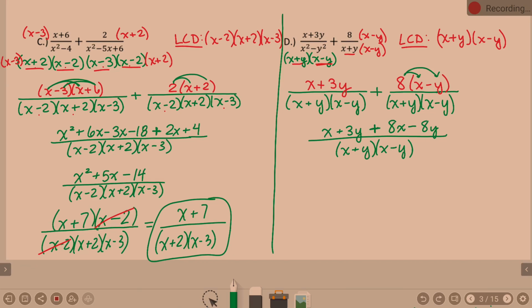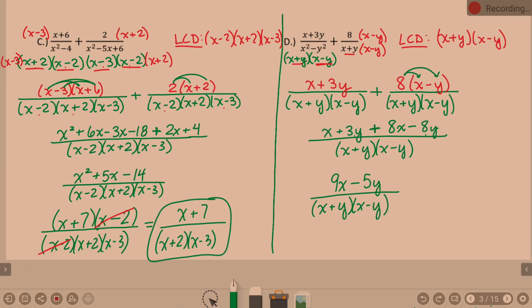Clean up that numerator if you didn't already. What kind of like terms do we see? x plus 8x is 9x. 3y minus 8y is minus 5y, over x plus y times x minus y.